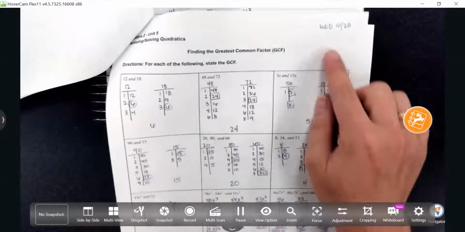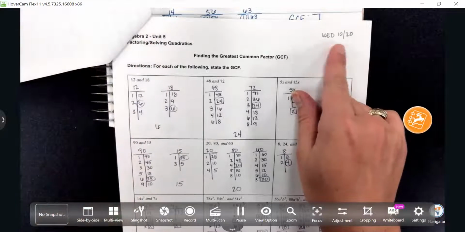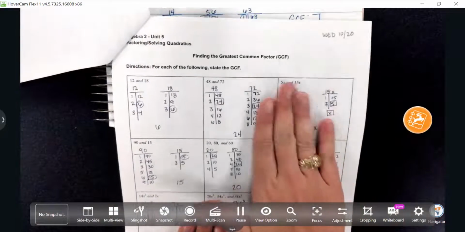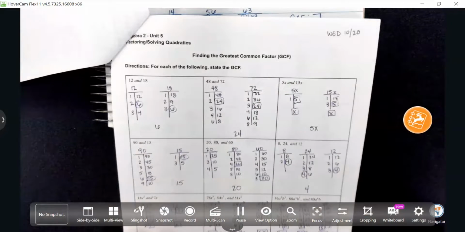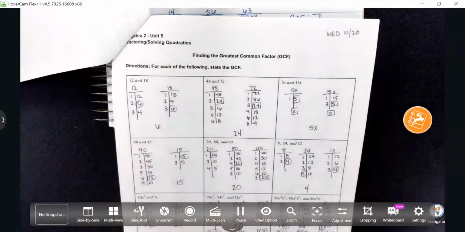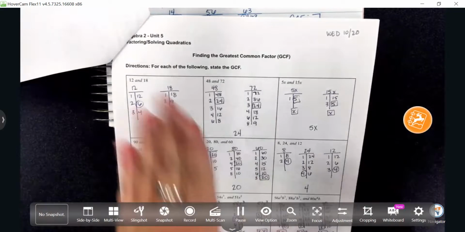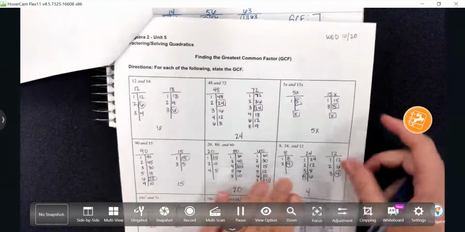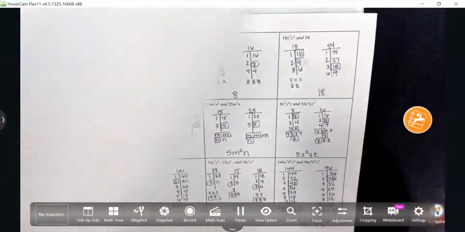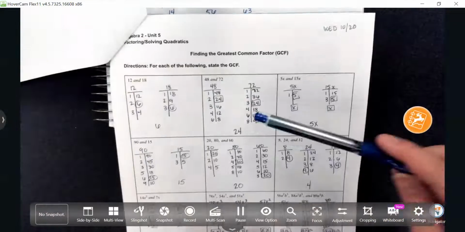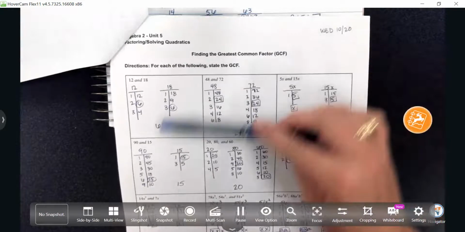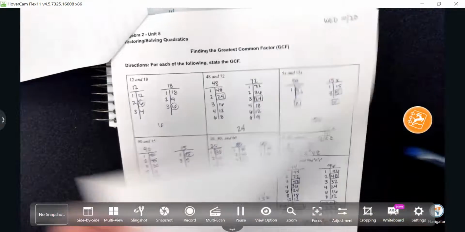I'd write today's date on it, Wednesday, October 20th. This is what you are doing in class today. It starts with 12 and 18. This page, front and back, or side and side, however yours is stapled. So everybody should be working on these 2 pages.